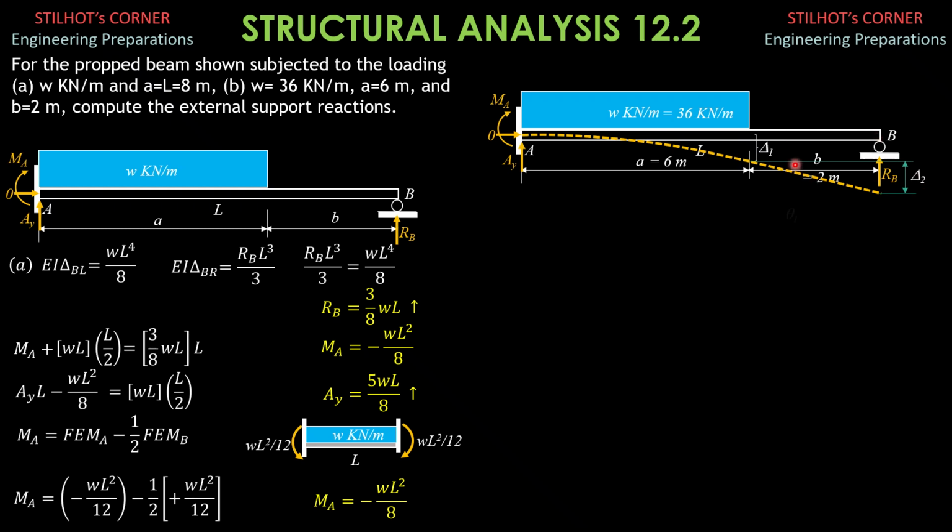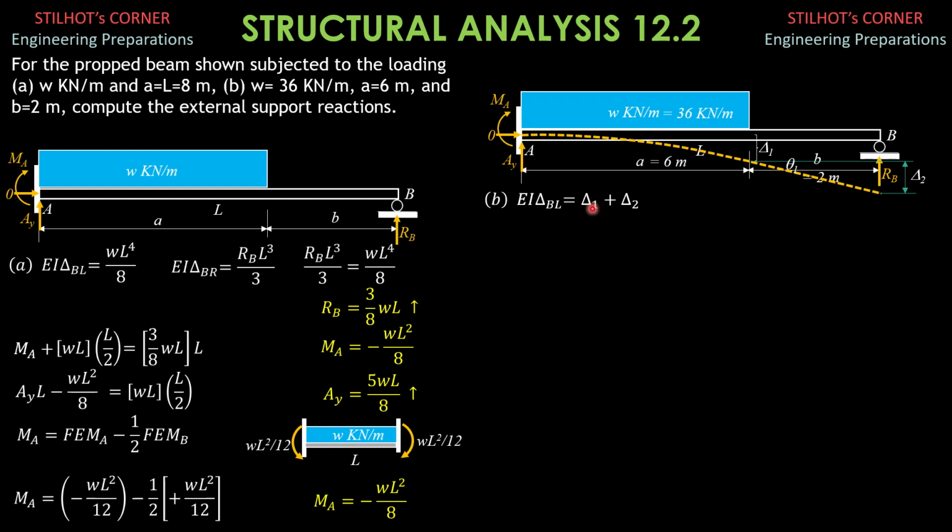So remember that if we call this theta 1, tangent of theta 1 equals theta 1 itself because theta 1 is very small. And tangent theta 1, which is theta 1, equals opposite delta 2 over 2. So therefore delta 2 is 2 times theta 1. So part B, the delta B due to the load is delta 1 plus delta 2.